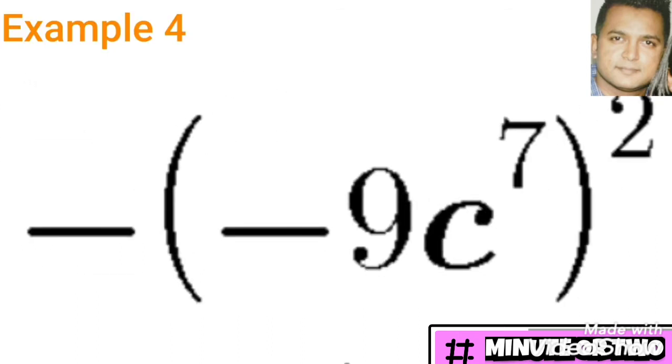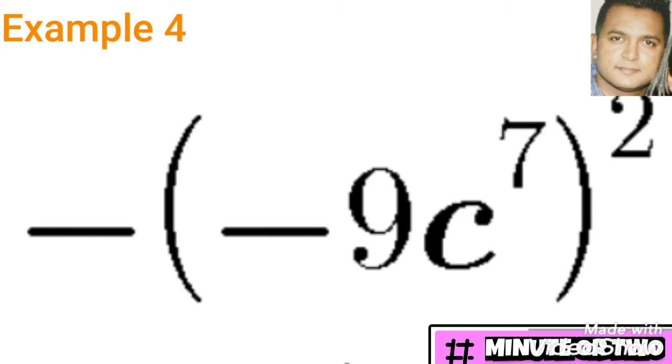In the next example, I've introduced 2 minuses to make sure you understand how the concept works, but always know that the power 2 indicated at the top of the bracket means only what's in the bracket will be raised by the power, and thereafter you do what's outside the bracket.